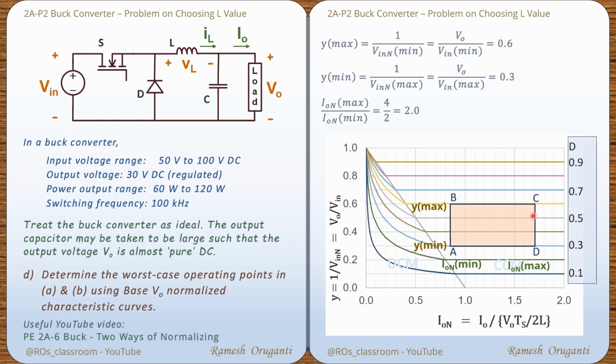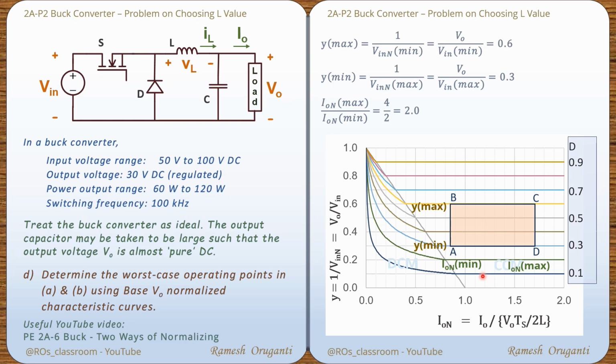Notice that we do not actually know the value of ION minimum and ION maximum. So we have arbitrarily chosen the ION minimum, and ION maximum is double that. This corresponds to one particular design of the converter, one particular choice of L. Here the operation is completely in CCM.